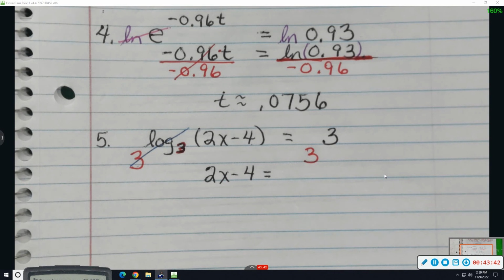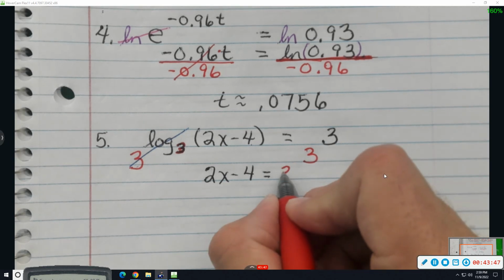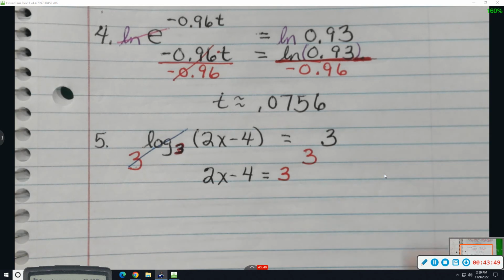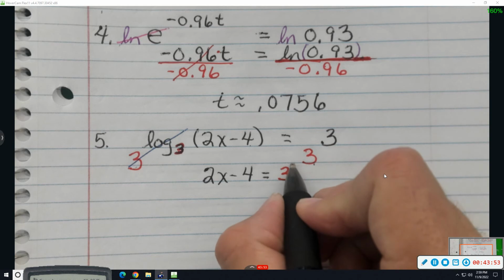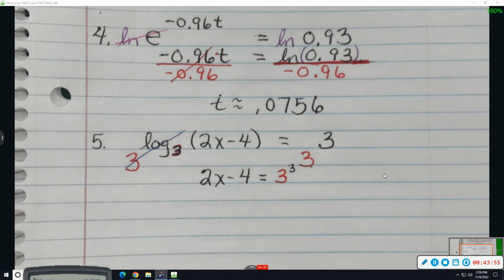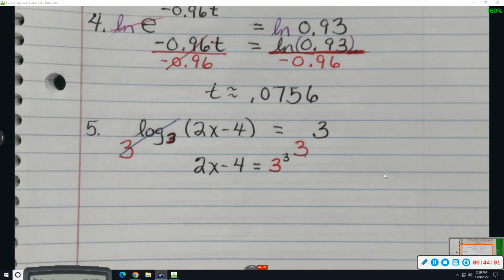Now on the right, this looks sort of messy. Let me write it the way, this red 3 is the base now. This black 3 is an exponent. Okay. So that's the equation we're trying to solve for x.